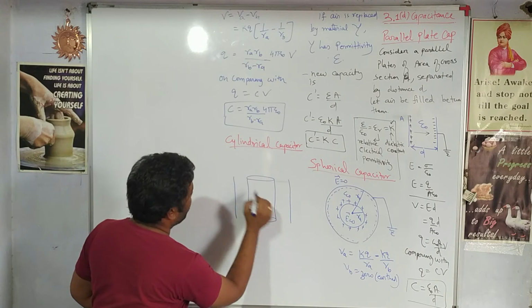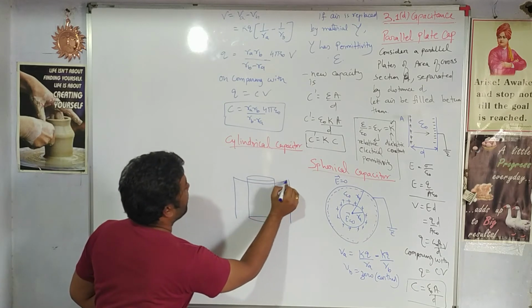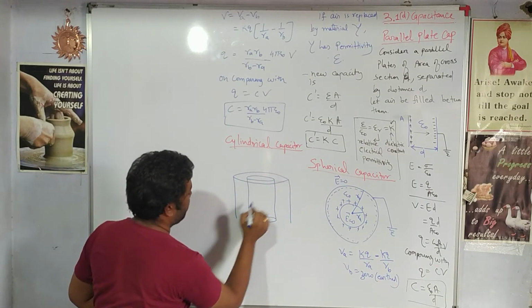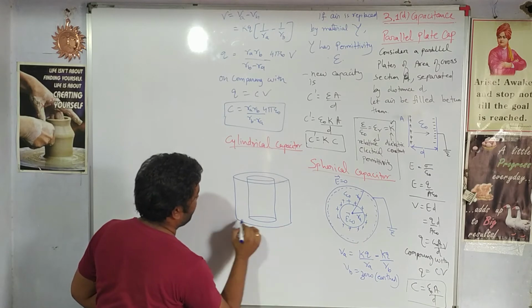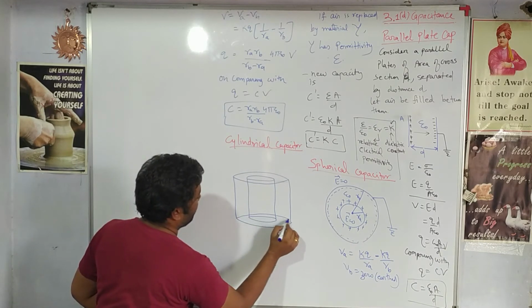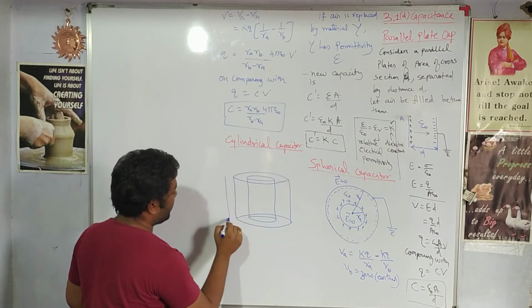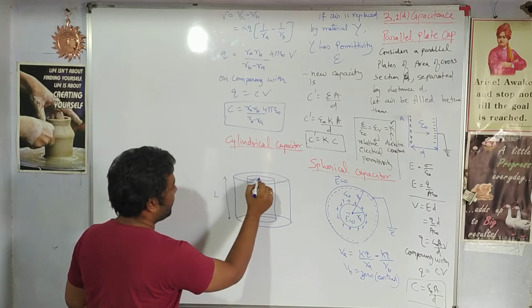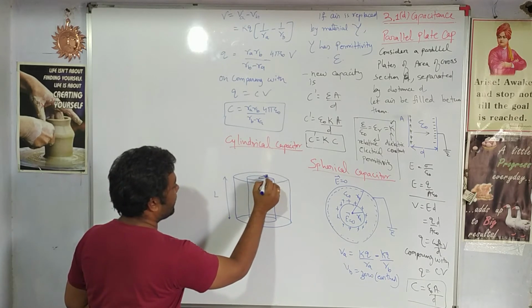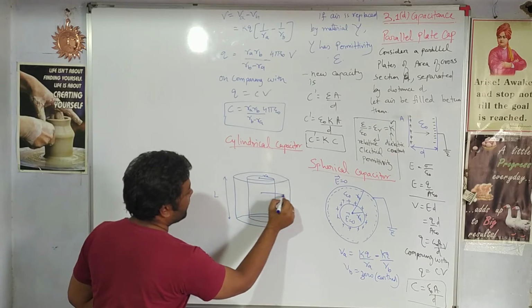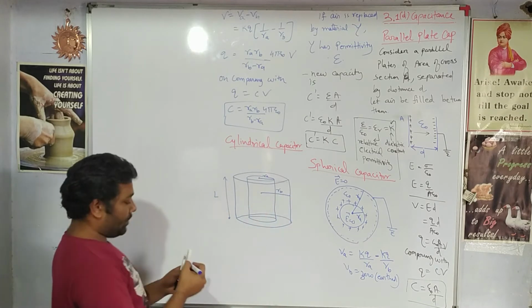These are the two coaxial cylinders having length L. The radius of the first cylinder is RA and the radius of the outer cylinder is RB.